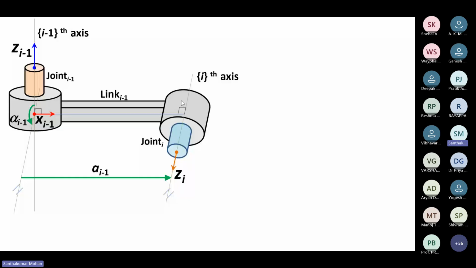Just for understanding, link length cannot be negative because it is a physical variable. That means whenever you place xi-1, make sure it is along the link progression.